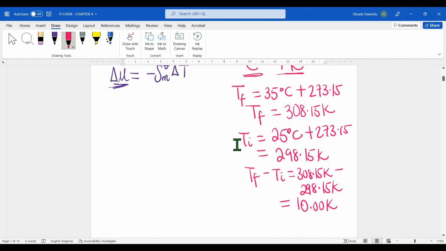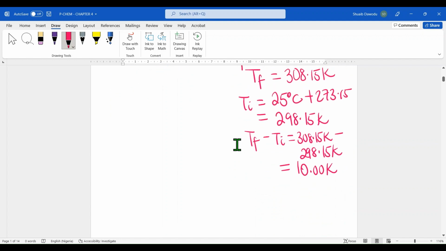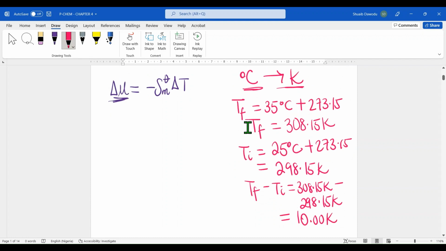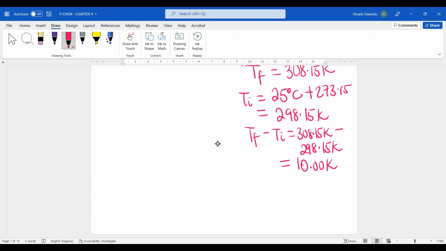What I was trying to explain earlier is that converting from degrees Celsius to Kelvin is just adding a particular amount, which is 273.15. We don't actually have to go through the process of changing from degrees Celsius to Kelvin and then subtracting. We could have simply done T final minus T initial, 35 degrees minus 25 degrees is equal to 10 degrees Celsius.